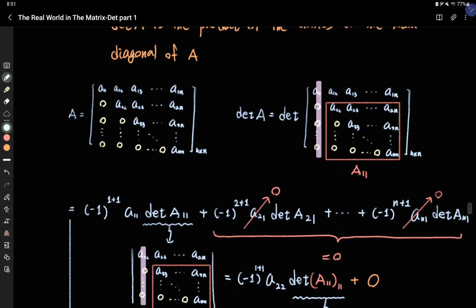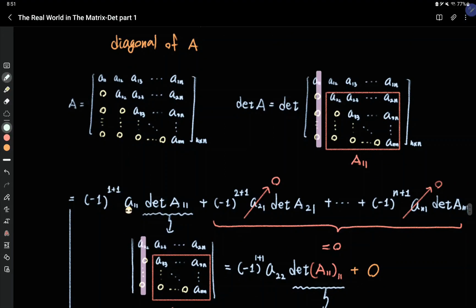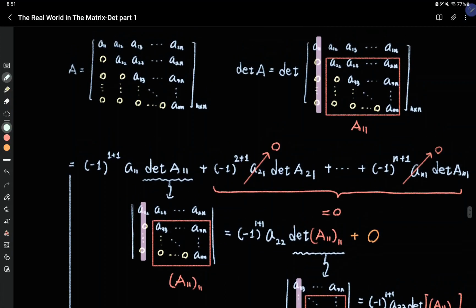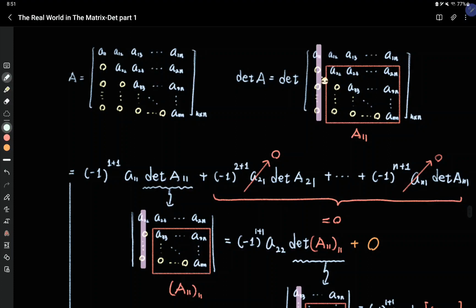The first one is negative 1 to the 1 plus 1 times A11 times the determinant of A11. What about the determinants of the submatrices of the other entries on that first column? We don't have to find them, because all those entries are 0, since this is a triangular matrix. So what we need to do is figure out this one.